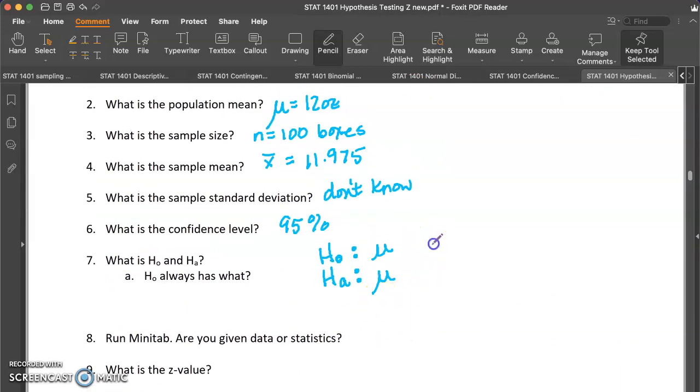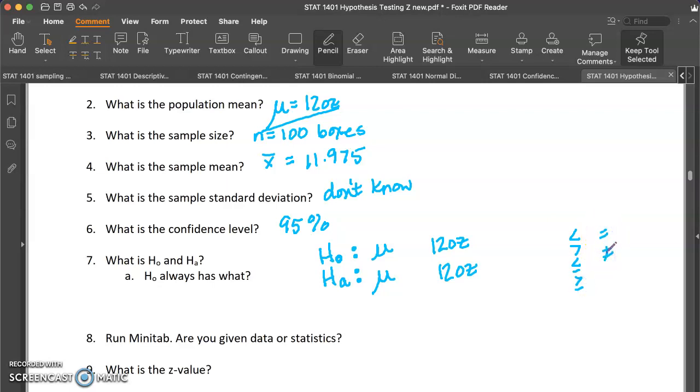So what I want you to do is write that down. So every time you can go write H0, HA, put your colons, put whatever you answered up here for your population mean down, and then we want to decide what symbols go where. So you're going to have less than or greater than, or less than or equal to and greater than or equal to, or you can have equal and not equal to.